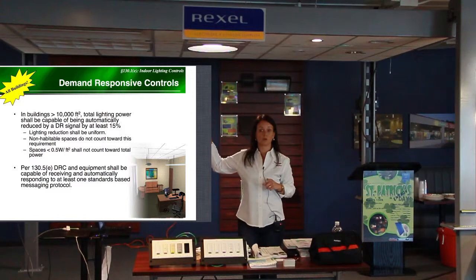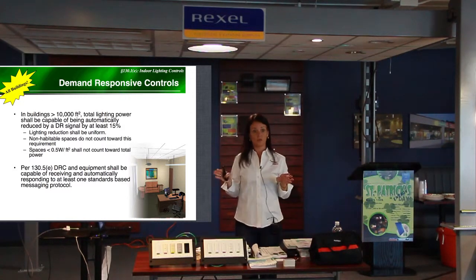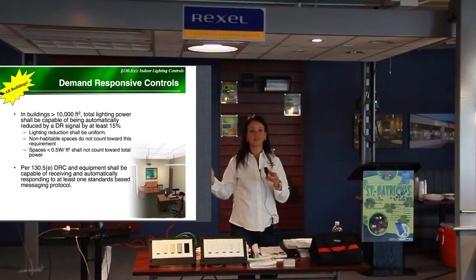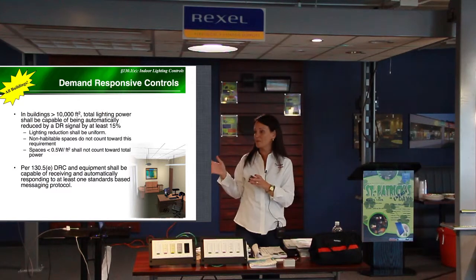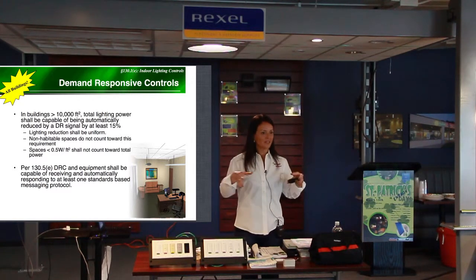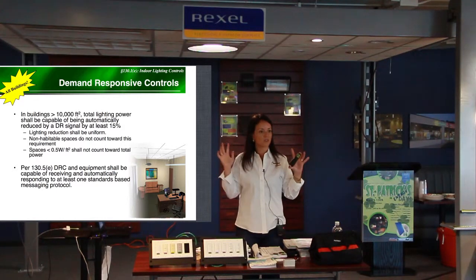Demand responsive controls, that's in section 130.1(e), that's brand new. What's brand new is that it used to be for retail spaces, right? The big box retailer needs to have some kind of demand responsive signal, or not a signal, but a zone in that space, ready for a signal from the utility company in case that happens.